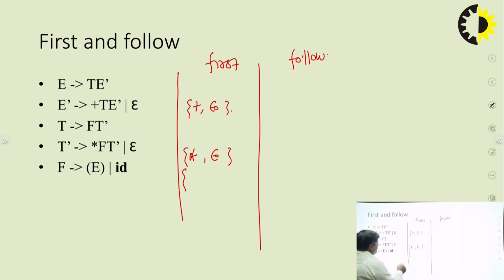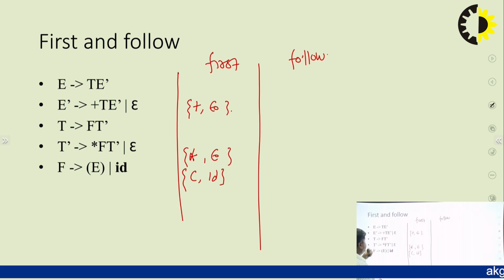That is, the first of F is the open bracket and ID. Then we compute the first of F, first of T dash, first of T and first of E dash, and remaining we compute the first of T dash.